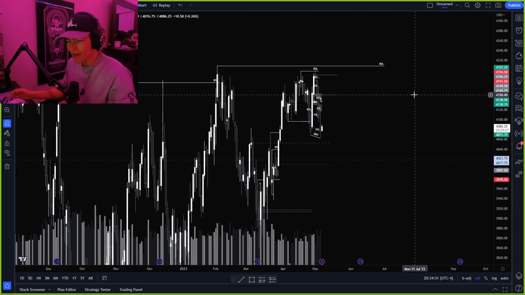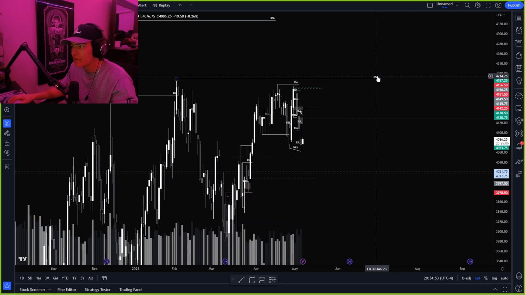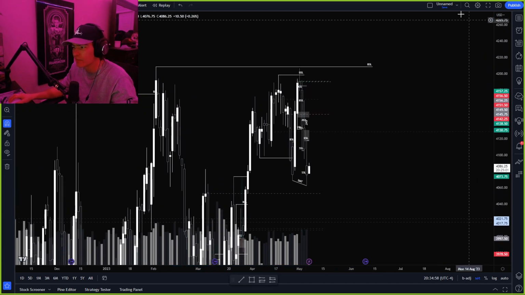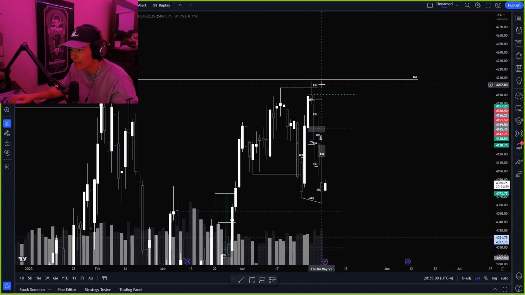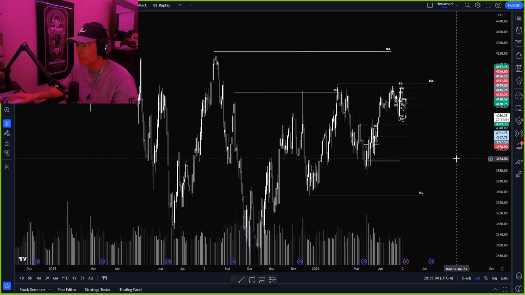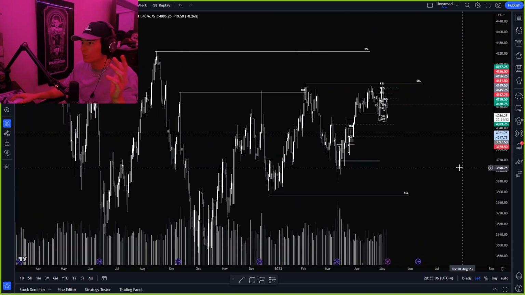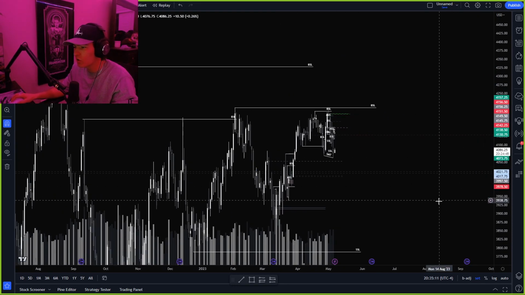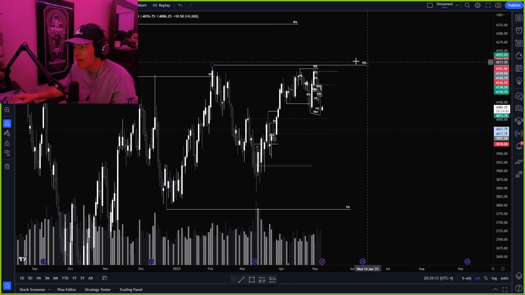In my opinion, what I see is we have not yet swept that external buy side on a daily. Now, we have swept that internal and then sold back off to sell side. So, if we're looking at the overall structure of the chart right now, we're still bullish, in my opinion. We have not swept that external level yet. So I still think the draw on liquidity is that buy side level.